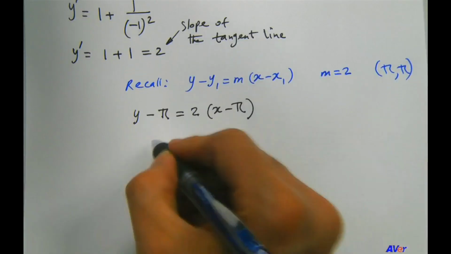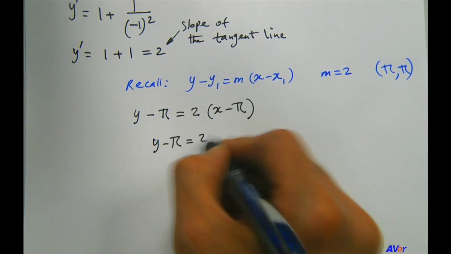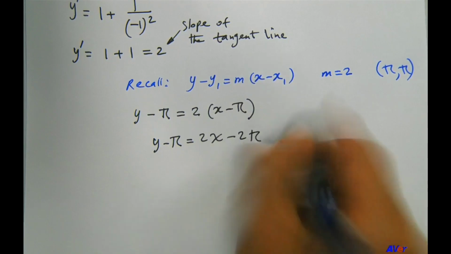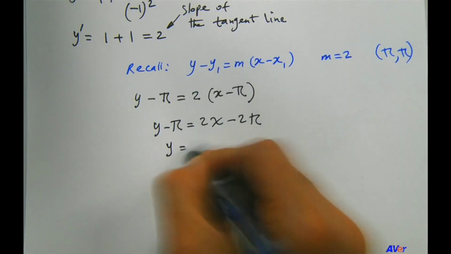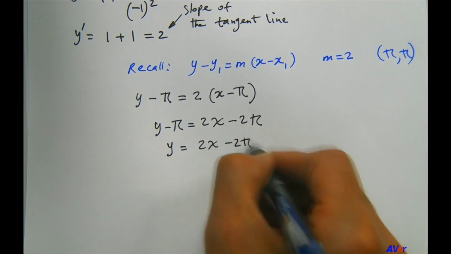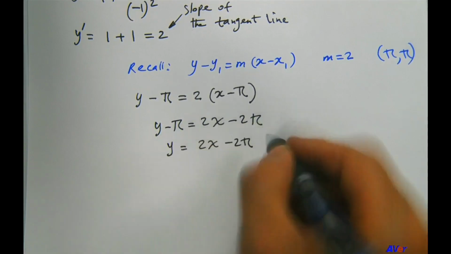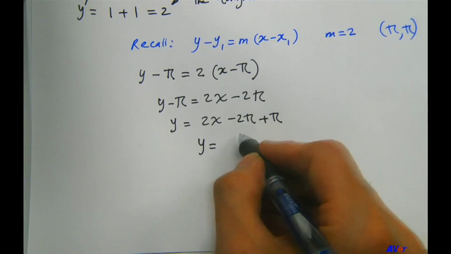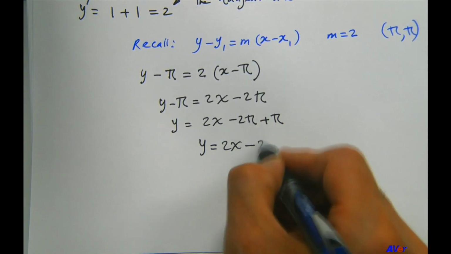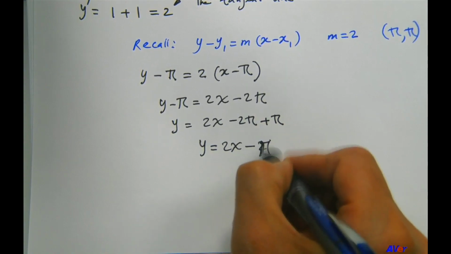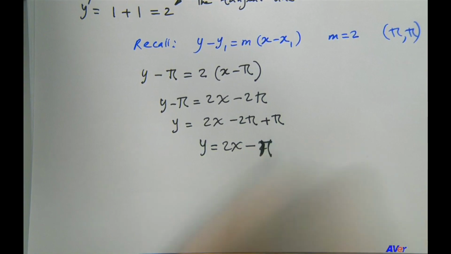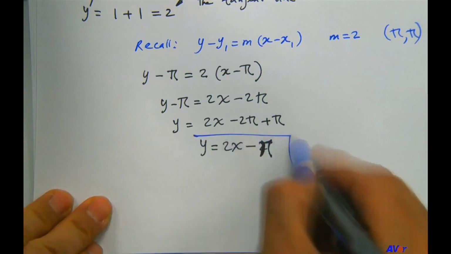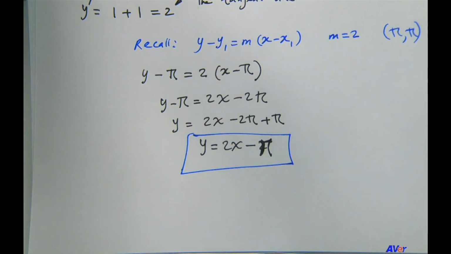So we have y minus pi equals 2x, 2 times minus pi is minus 2 pi. Then y equals 2x minus 2 pi. Move this minus pi to the other side, it becomes positive pi. y equals 2x minus pi. And that is the equation of the tangent line once again.